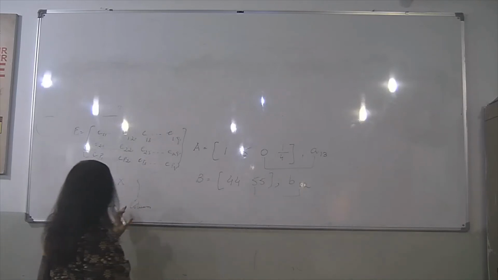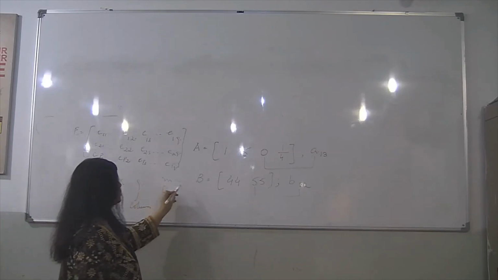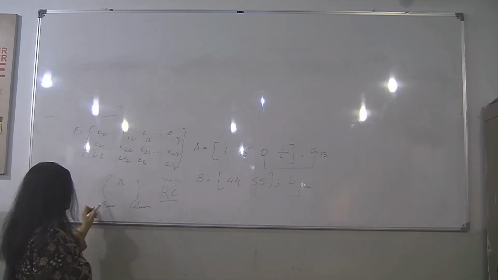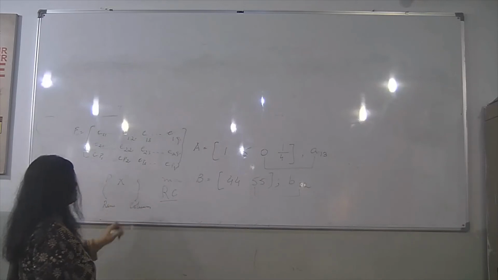It's very easy to remember because, like I said, RC is just a symbol that you can use, or MN. So it's for row and this is for column, so you can just simply see that first come the rows and then come the columns.